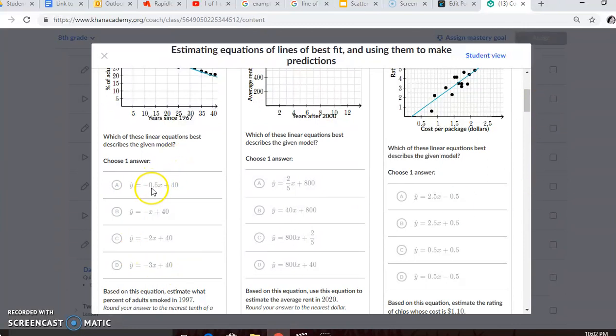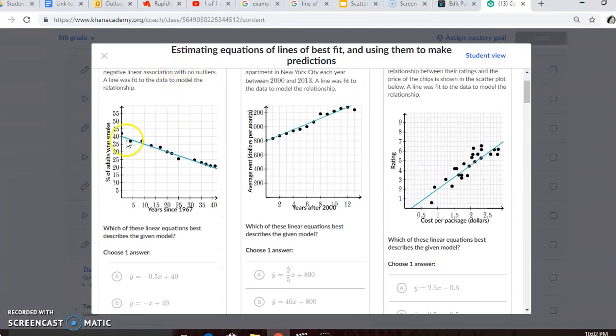So I need to know what my slope is and what my y-intercept is, to pick the one that matches. It's a negative slope, so I already know it's got to be one of these that has a negative slope. And it crosses the y-axis at positive 40. That's my initial value.